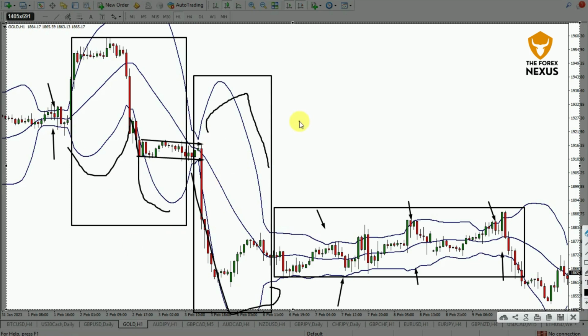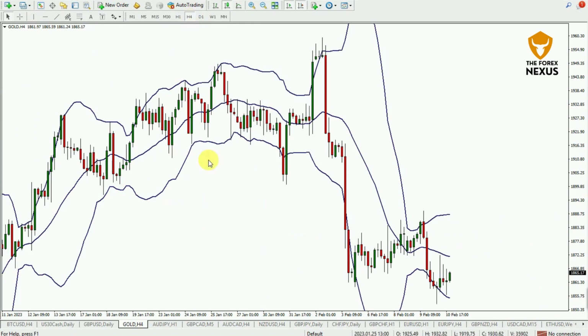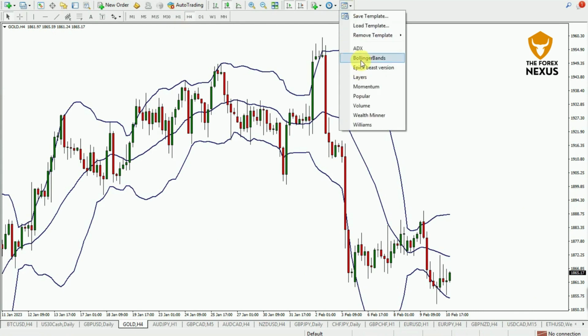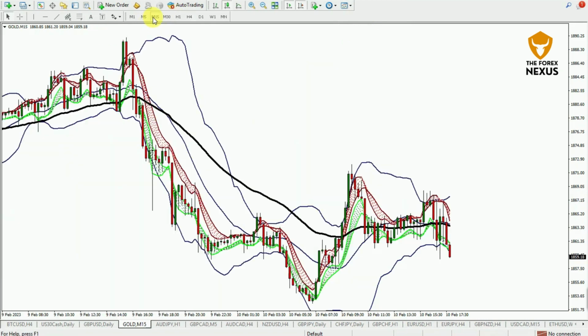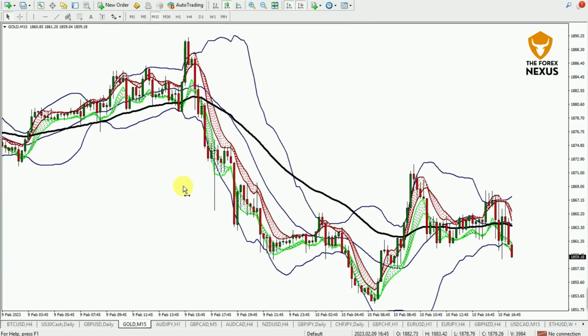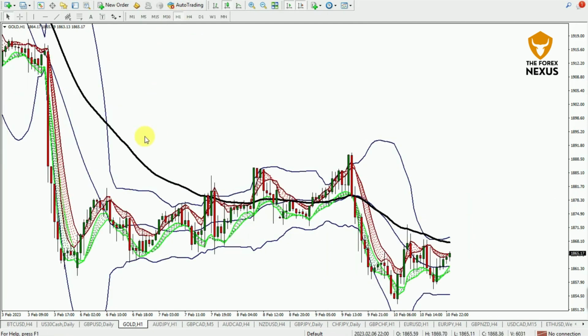Now let me show you one more thing. Suppose we got Bollinger Band expansion on the H4 time frame, or H1 time frame.